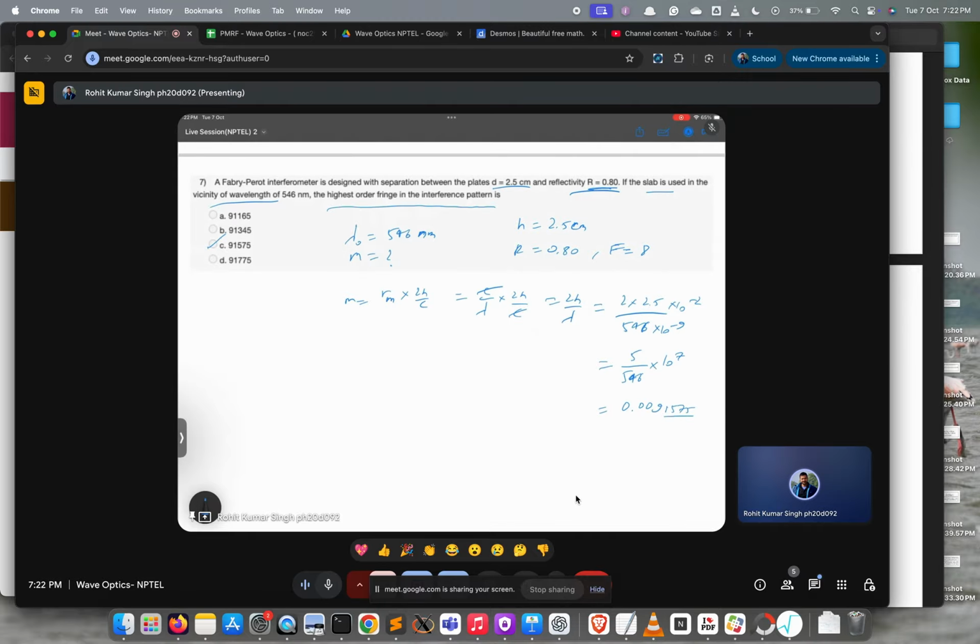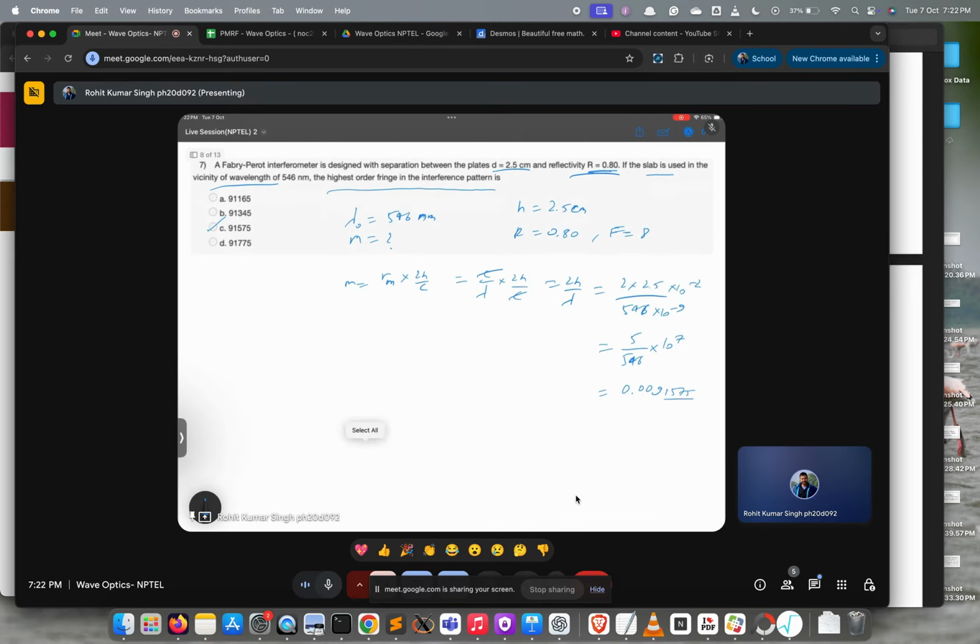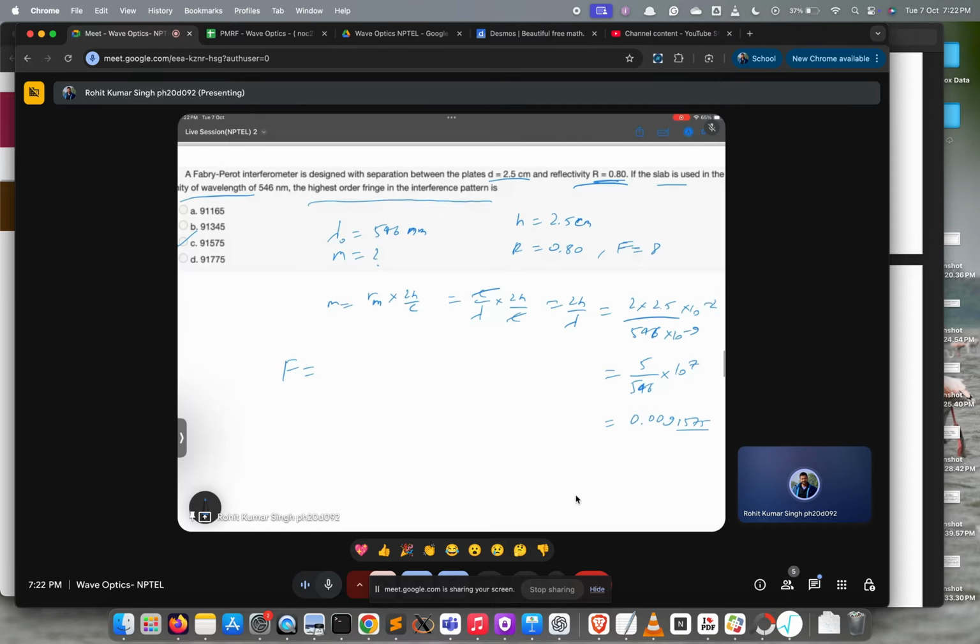Reflectivity is 0.8, right? The coefficient of finesse that we calculated in terms of reflectivity is given like this, right? 4 into 0.8 divided by 1 minus 0.8 to the whole square, 0.32 and 0.04.